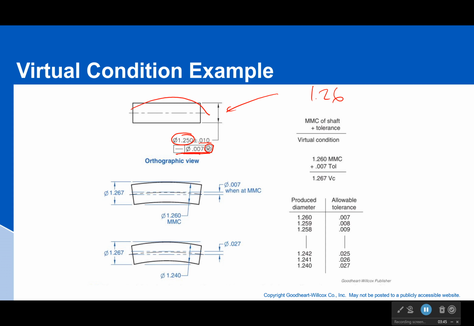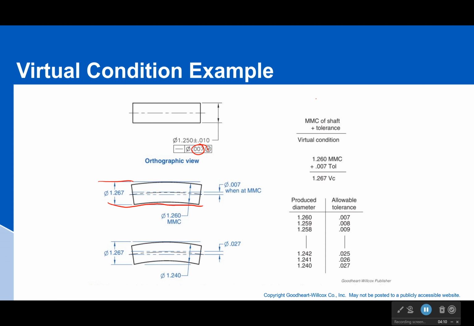This can be curved as long as it doesn't break my straightness tolerance. So where is that straightness tolerance going to come in? What is that virtual condition? Well, the virtual condition is like me taking my max material condition, which is 1.26, and adding on the 0.007, and making a perfect cylinder of that shape. So it's 1.267 in diameter.